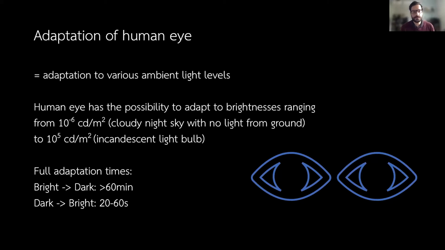In fact, the human eye is capable of adapting to a really high range of brightnesses and ambient light levels. So a cloudy night sky with no light from the ground: just think of a night sky. You don't have any light pollution, meaning that you don't have any light coming from the ground. If you think about the clear sky, you only have starlight. And if you then have clouds, you don't even have starlight.